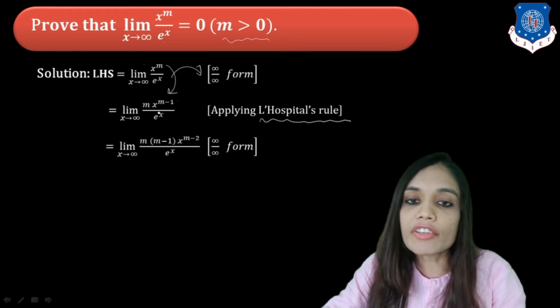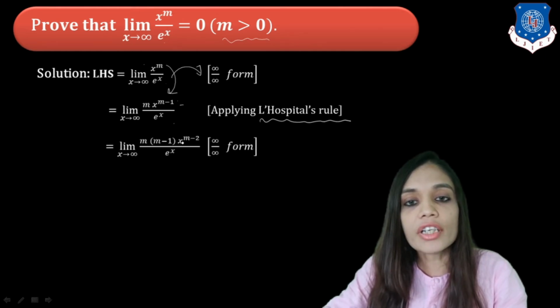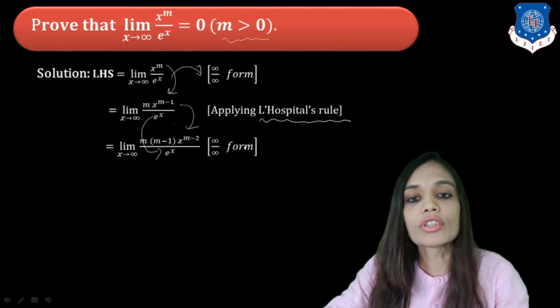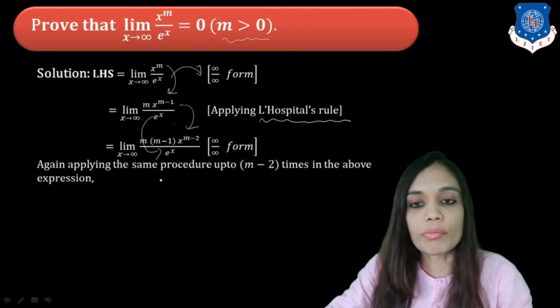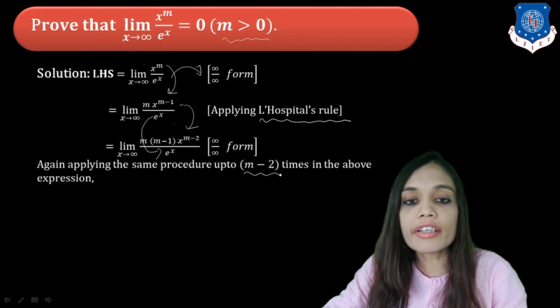So we are doing the derivative of numerator and denominator separately again. So the derivative of this will be equal to m into m minus 1 into x raised to m minus 2, and the derivative of e raised to x will be equal to e raised to x. Now similarly we will apply the same procedure up to m minus 2 times in the above expression.